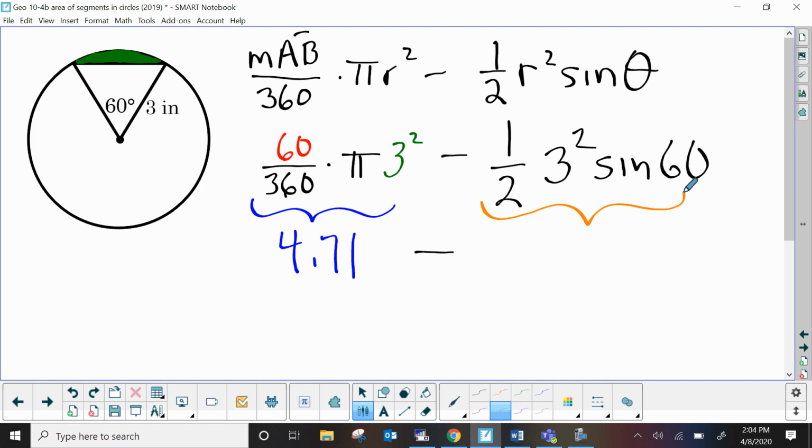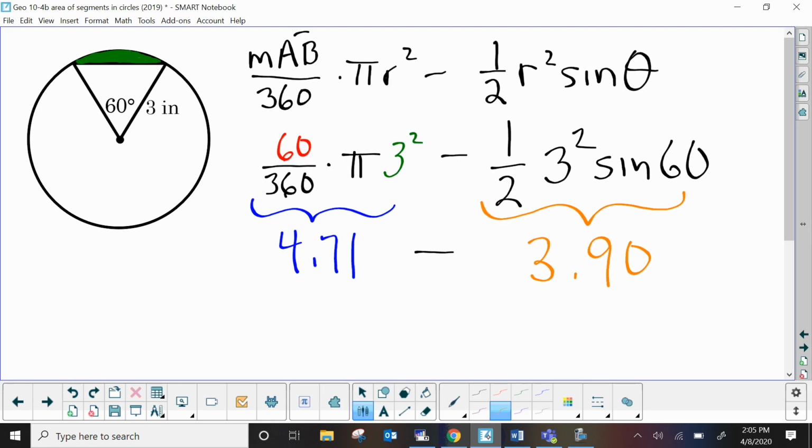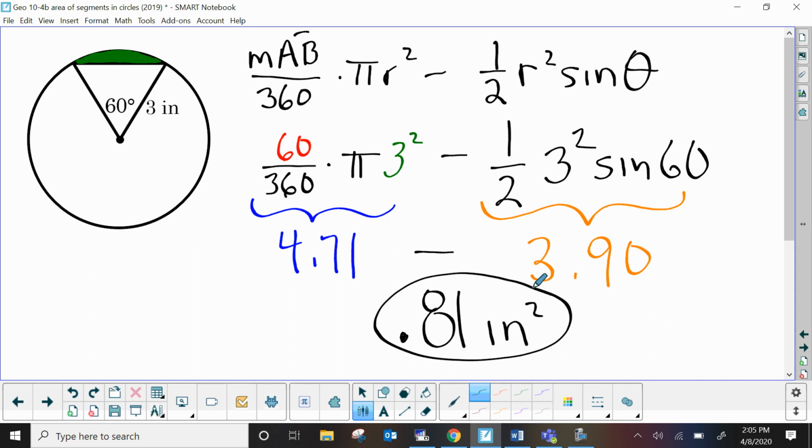All right, now all I have to do is do the 4.71 minus the 3.90. And it looks like 0.81. So my answer, 0.81 units, in this case, was inches squared.